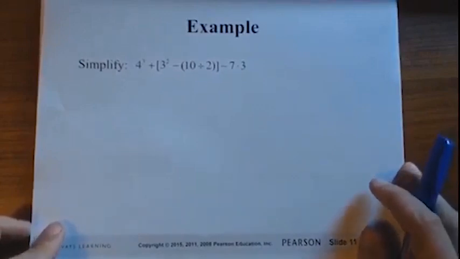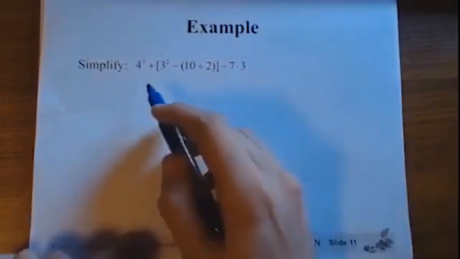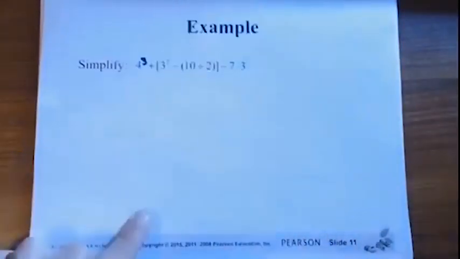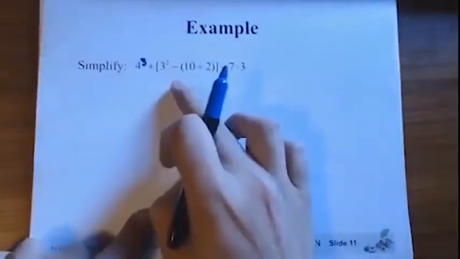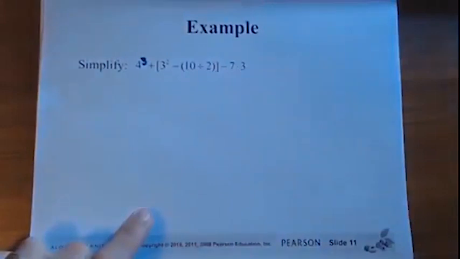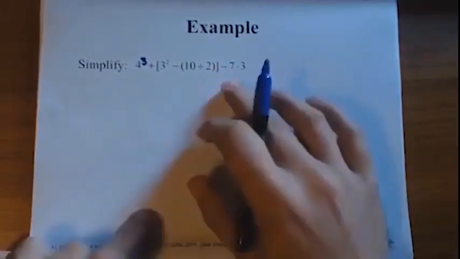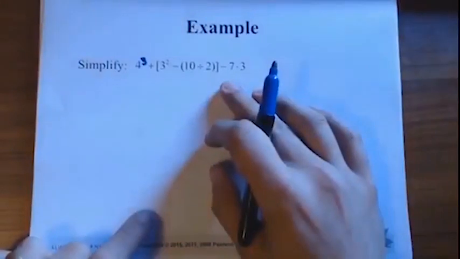Okay, let's work on this one together. We have 4 cubed, 4 to the third power, plus, in brackets, 3 squared minus, in parentheses, 10 divided by 2, minus 7 times 3.